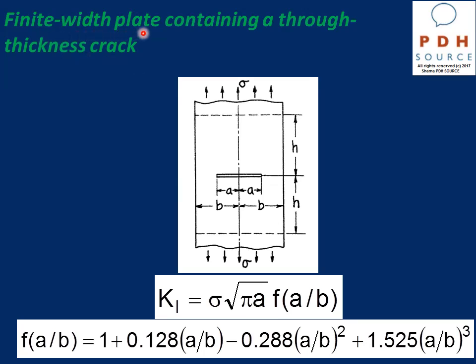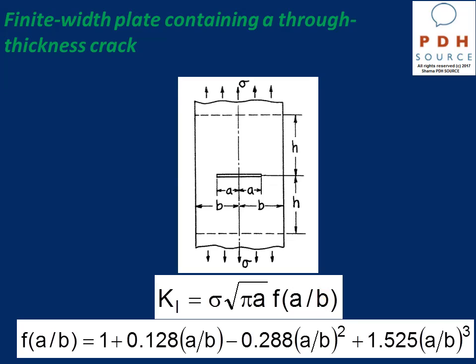The finite width plate containing a through thickness crack, so now here we have a width of the plate, so we'll use the previous equation, but we will multiply by this function, and this function is basically of a and b.